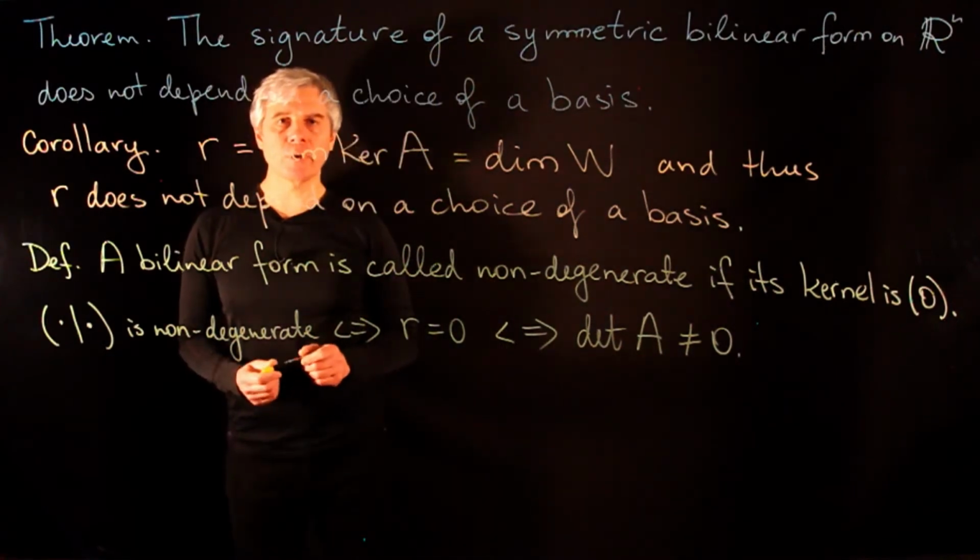Let us look at the structure of the degenerate bilinear forms. We have the following proposition.